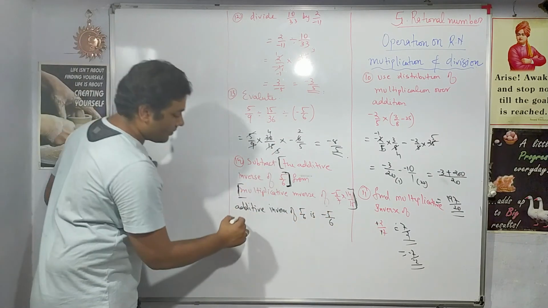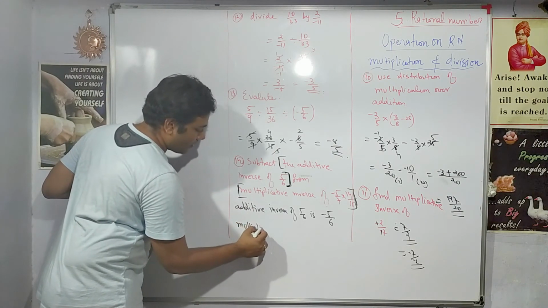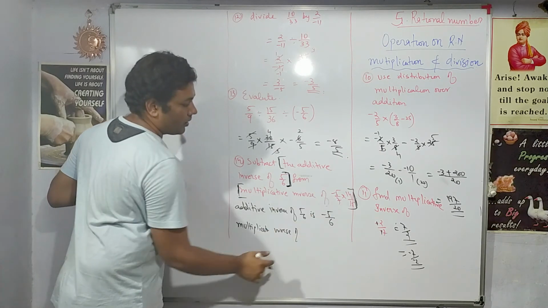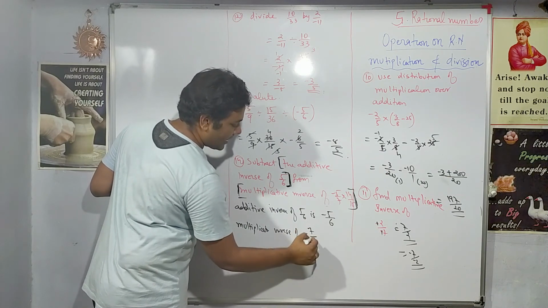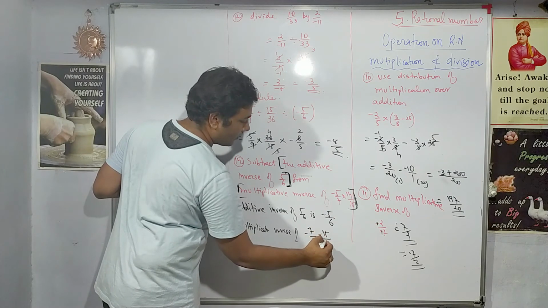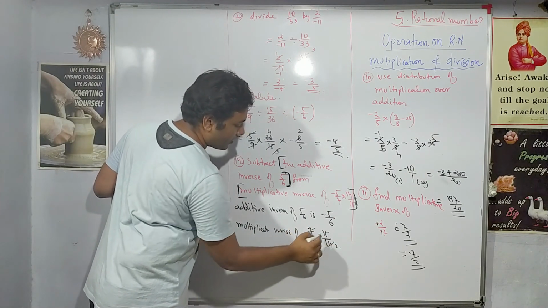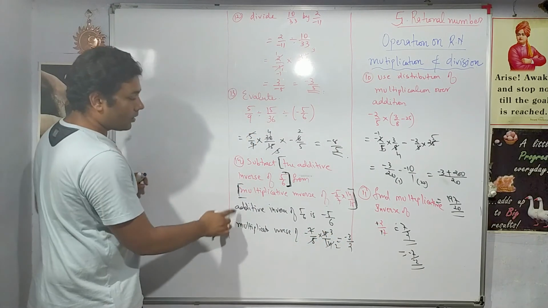Then multiplicative inverse of this number, it will become reversed, right? Minus will remain as it is, minus 7 upon 5. This number will also get reversed, 15 upon 14. You can cancel, right? So what remains? Minus 3 upon 2. Now we got both the parts.